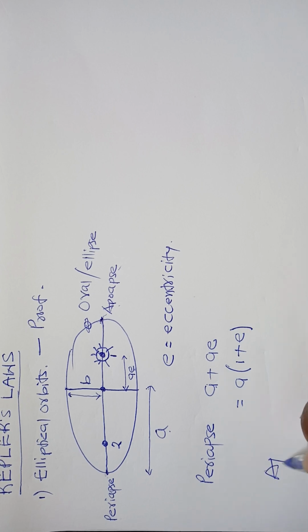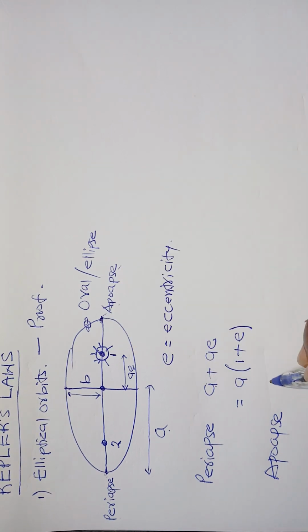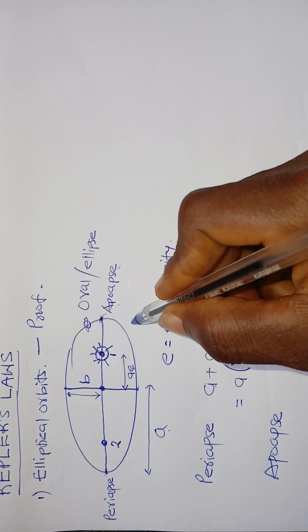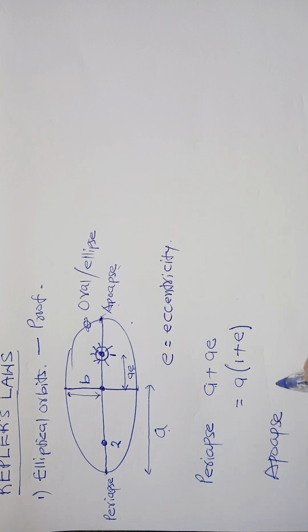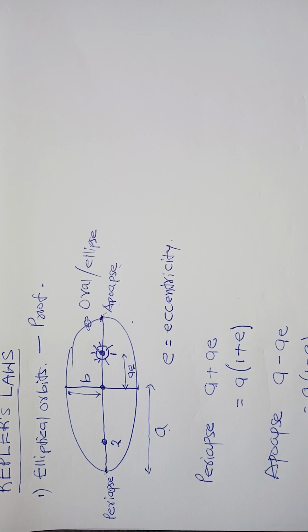And the apoapse, the distance from the sun to the apoapse would rather be, so the whole distance from the center to the apoapse is a, and this is ae. So that will be a minus ae, and that will be a times bracket 1 minus the eccentricity.